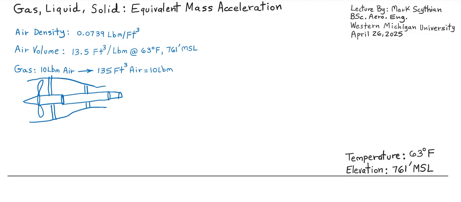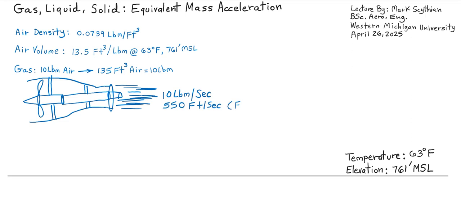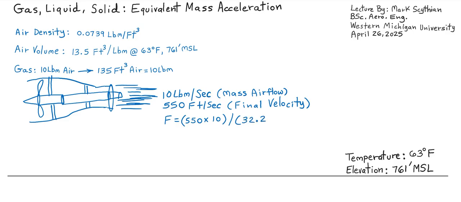So if this propulsion device had accelerated 10 pounds of air per second over 1 second, so it is an acceleration of, let's say, 550 feet per second acceleration per 1 second, and that is 10 pounds mass air accelerated per second, we could simply use the propulsion equation, and that is just the final velocity times the pounds per second mass airflow divided by gravity in the US system of measurement, which is 32.2 feet per second squared.